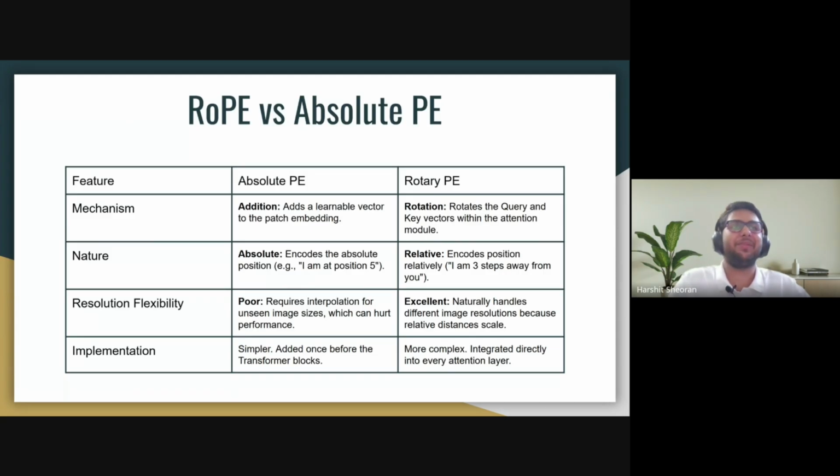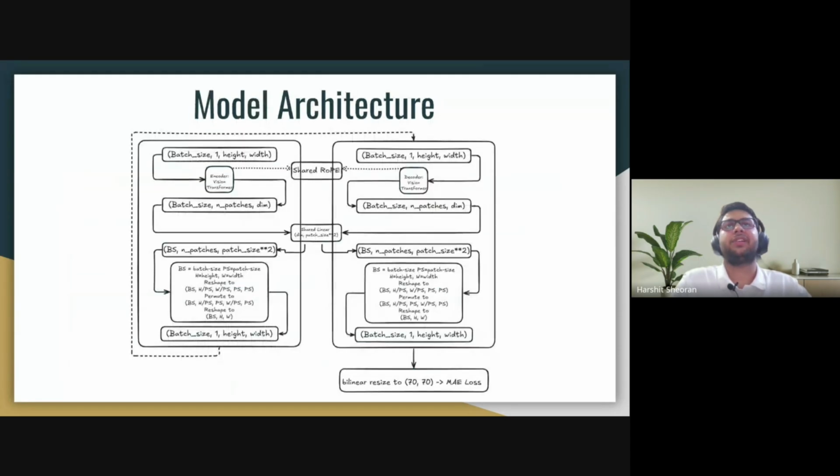Sorry, I chose the wrong words. With absolute positional embeddings, we simply add the vector to the patch embeddings, but with rotary positional embeddings, we give the vector to the attention. So every attention gets the normal embeddings and then the rotary positional embeddings, and it learns at every attention. The implementation is complex, but the results were much better.